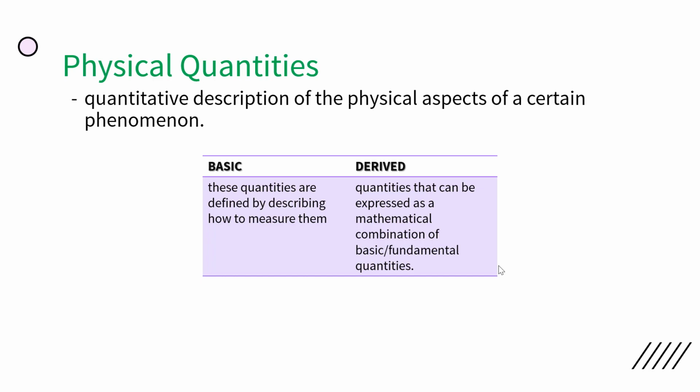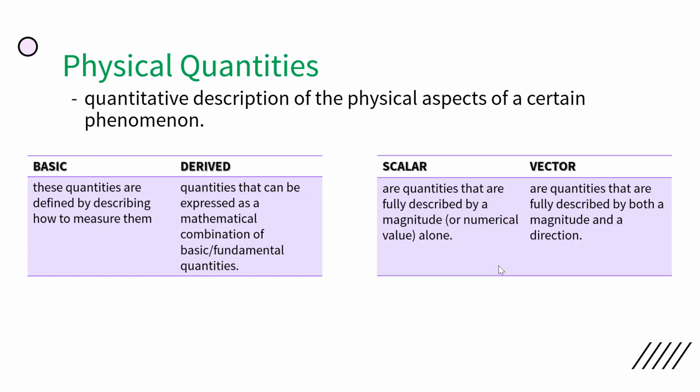Physical quantities can also be classified as scalars or vectors. So scalar quantities are physical quantities that are fully described by a magnitude or a numerical value alone, while vector quantities are fully described by both a magnitude and a direction.